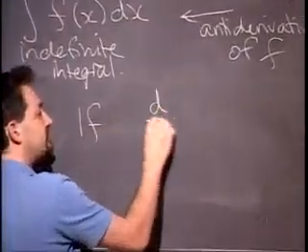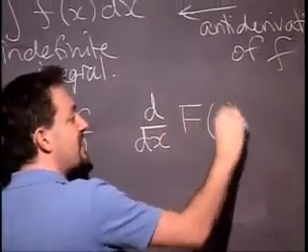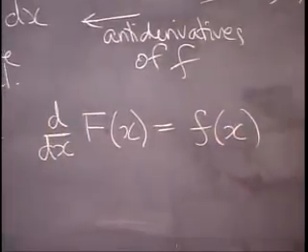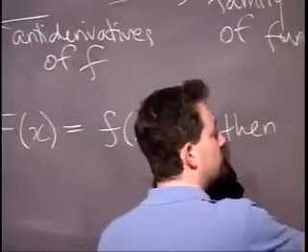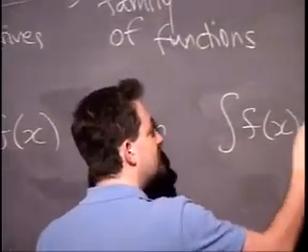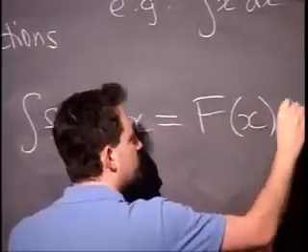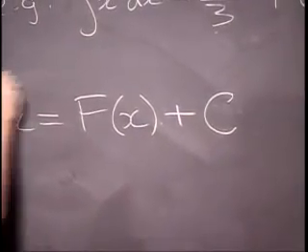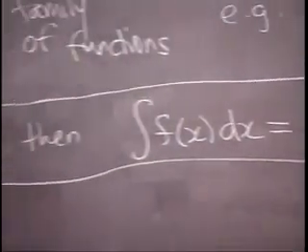If the derivative of some function capital F of x is equal to little f of x, then the integral, the indefinite integral or antiderivative of little f is capital F plus constant. That is nothing more than the definition of antiderivative, and yet it's amazing how useful it actually is.